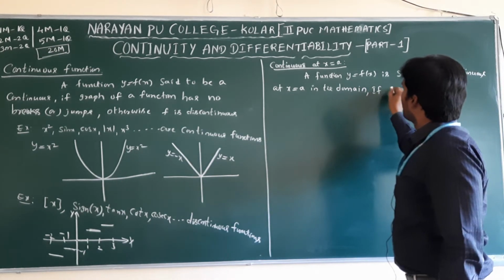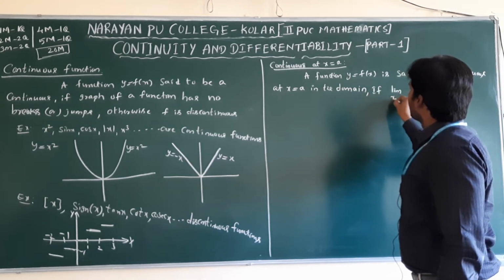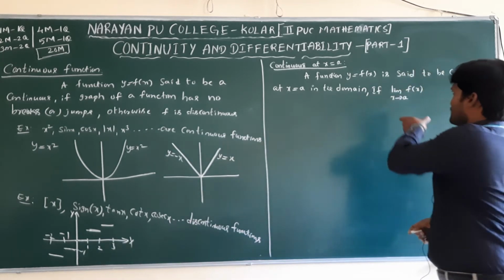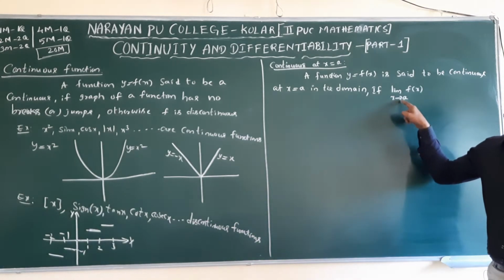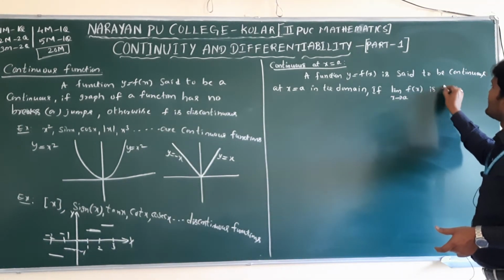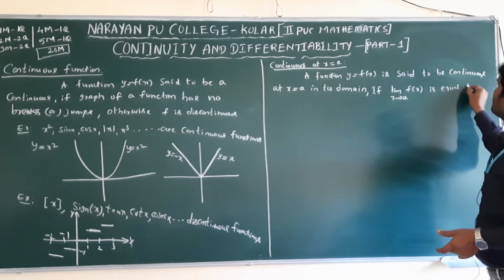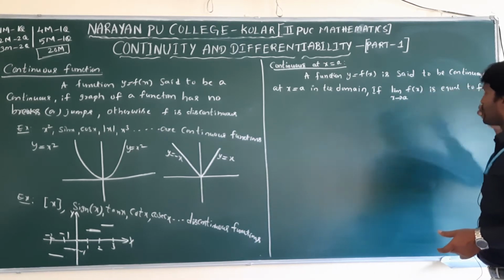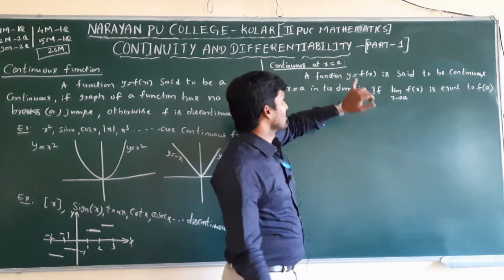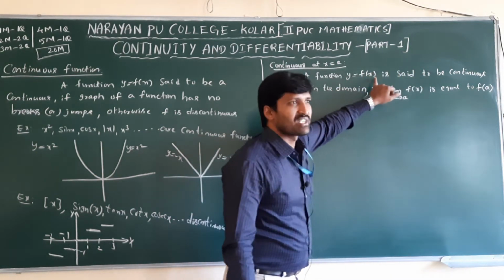If limit x tends to a, f of x value, just now we discussed, this is called the limit of the function exists. The limit of the function value is equal to the functional value. Functional value means if we directly substitute x is equal to a in the function, that value we call the functional value.